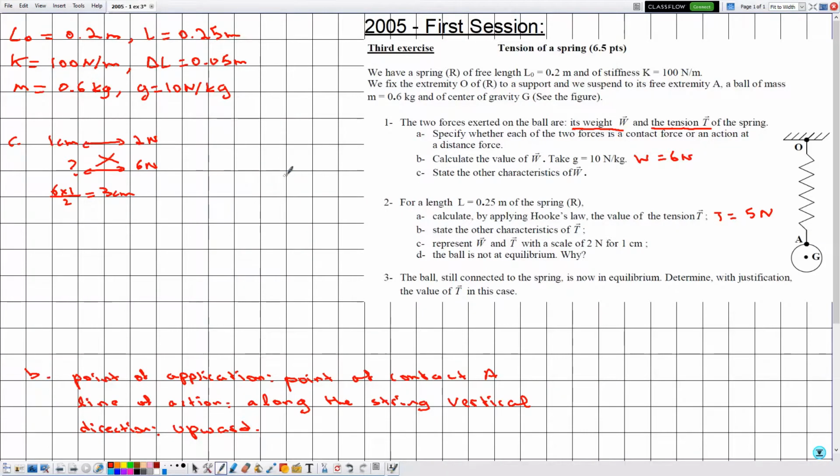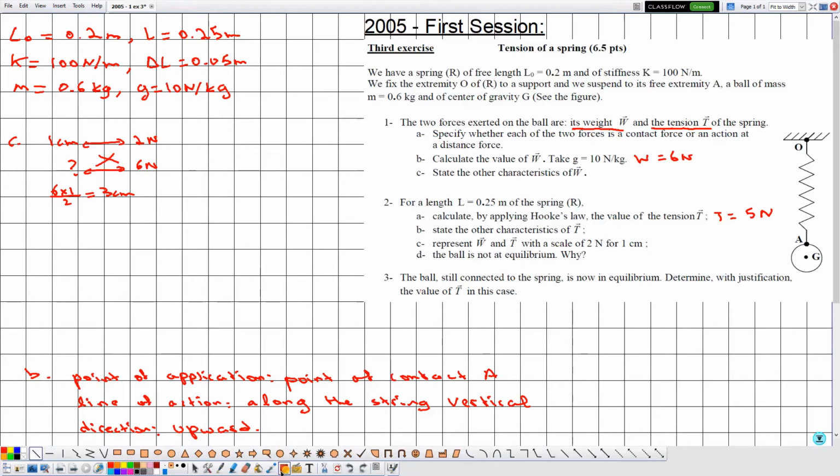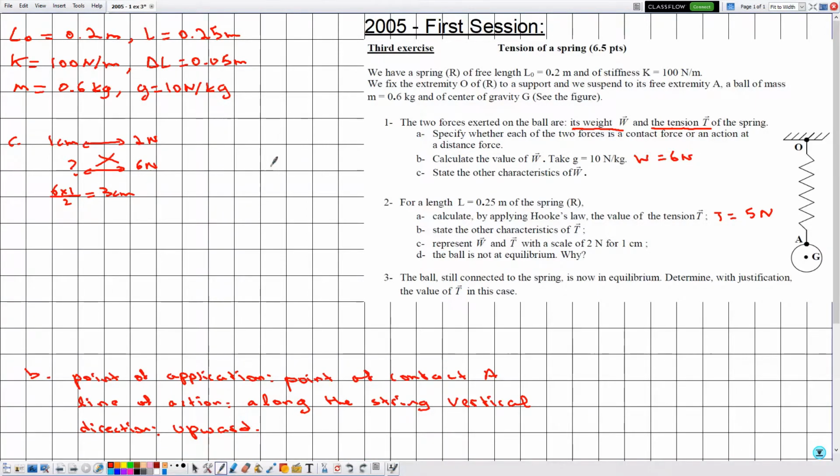So let's suppose that this is the ball. So this is the solid S. Here they are not naming it S, okay.